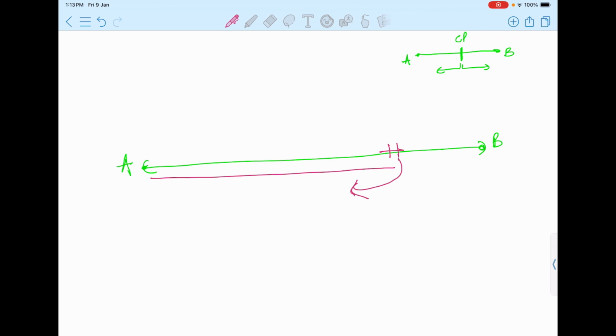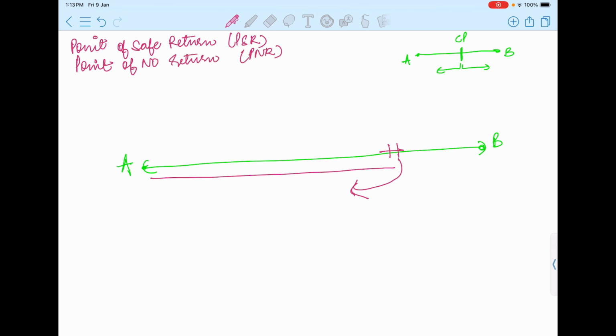I will repeat: PNR, point of safe return, which is PSR, and point of no return, which is PNR, is the maximum distance that the aircraft can travel and return to its base safely within its endurance.